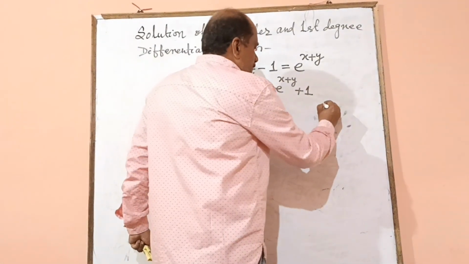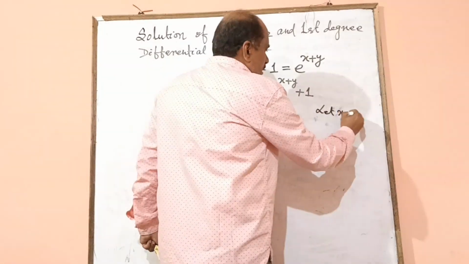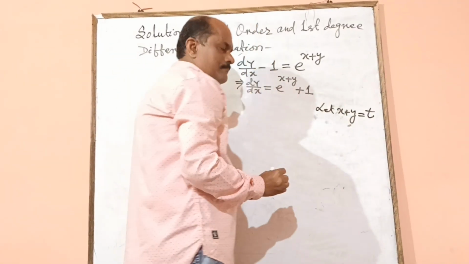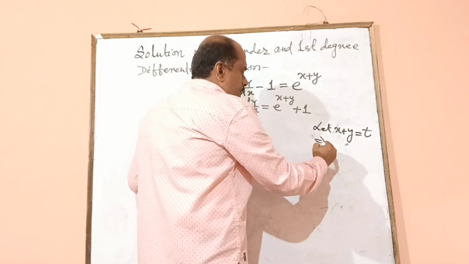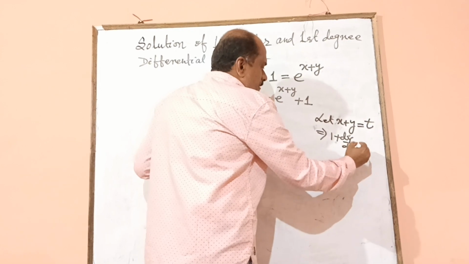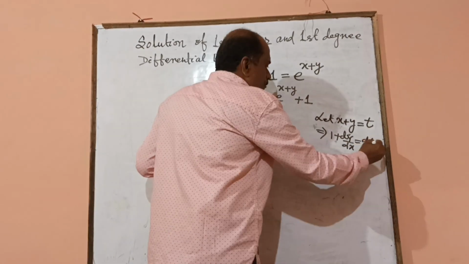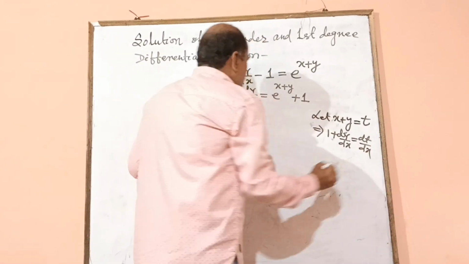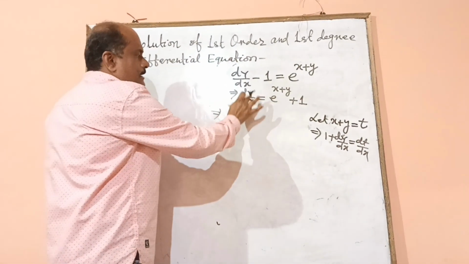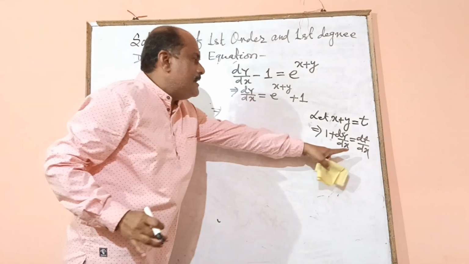Let's put x plus y with new variable. I take it as t, implies 1 plus derivative of y with respect to x is equal to derivative of t with respect to x. Implies what is the value of derivative of y with respect to x?